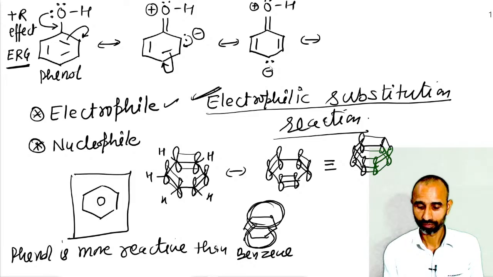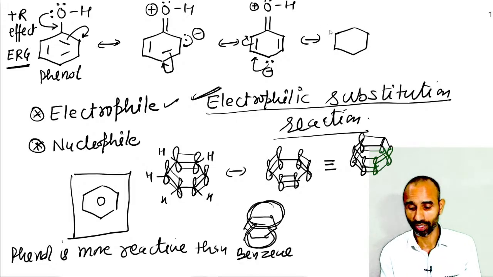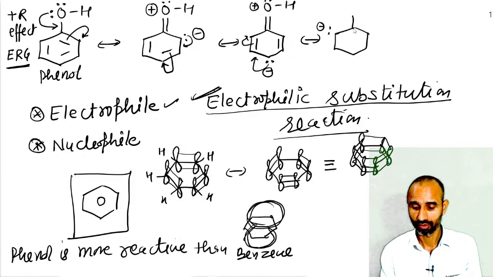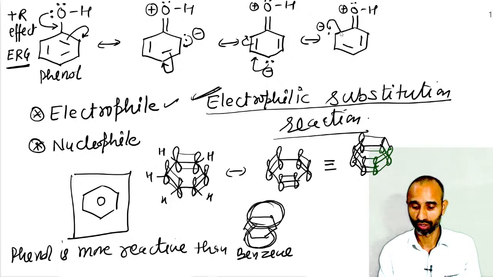Ortho and para position. So keep in mind, resonance always takes place at ortho and para position only. So it will increase electron density at ortho and para position.